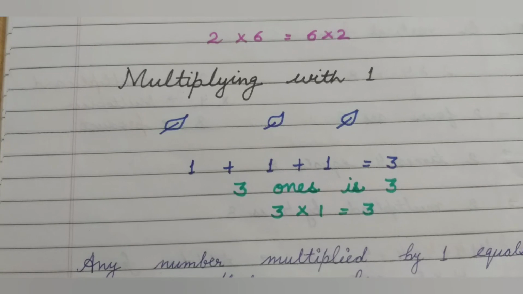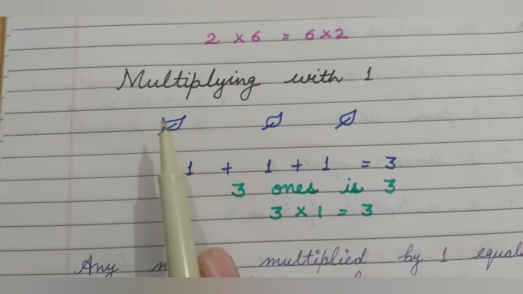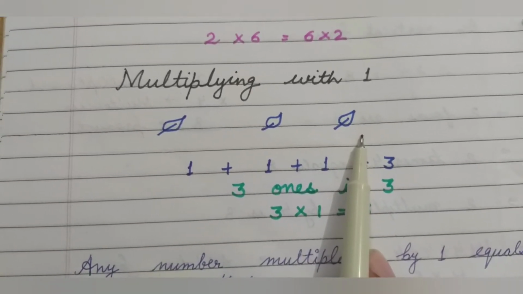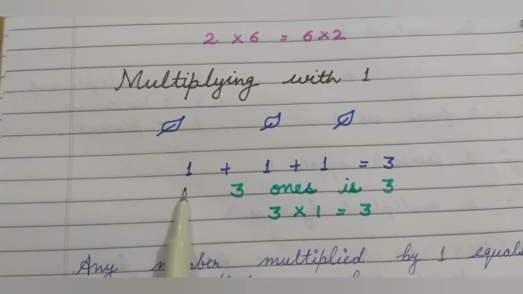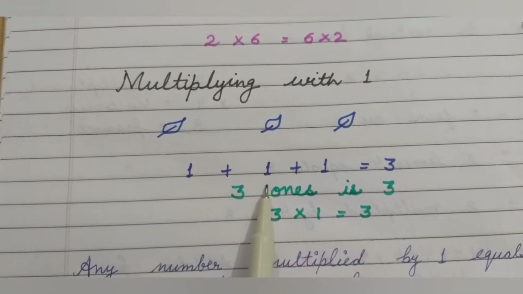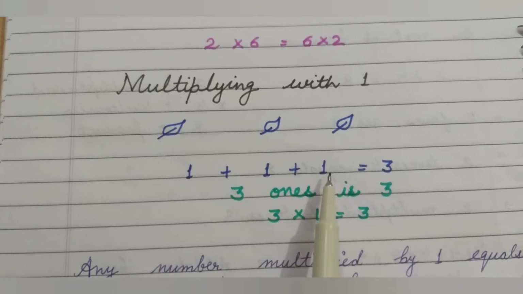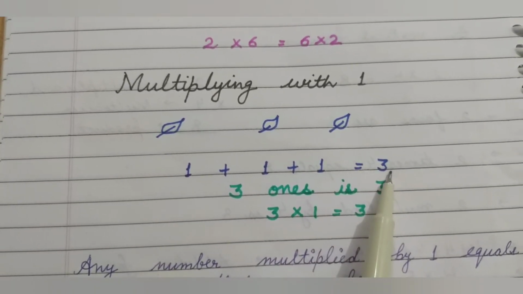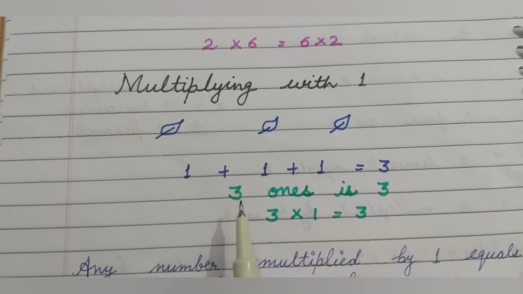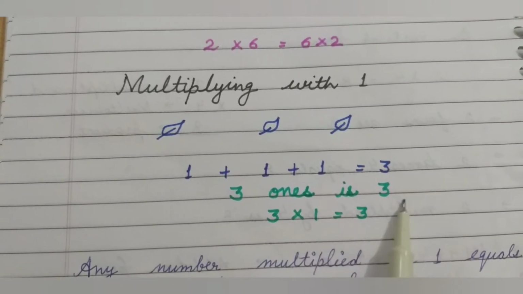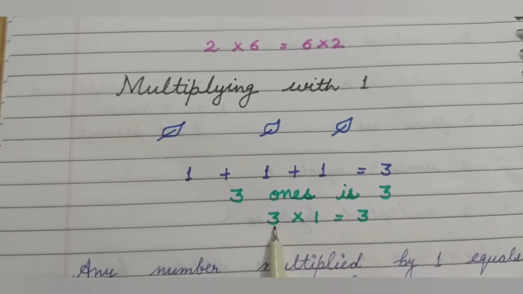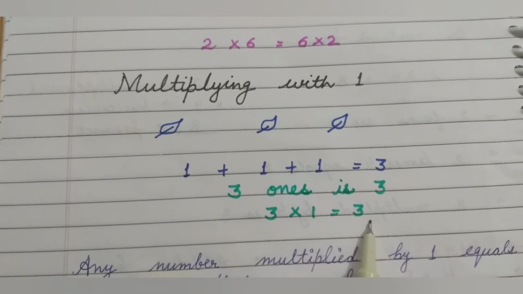Next is multiplying with 1. Here I have drawn some leaves. Let's see, 1 leaf plus 1 plus 1. So 1 plus 1 plus 1 equals 3. It means 3 ones is 3. 3 ones is 3 only.